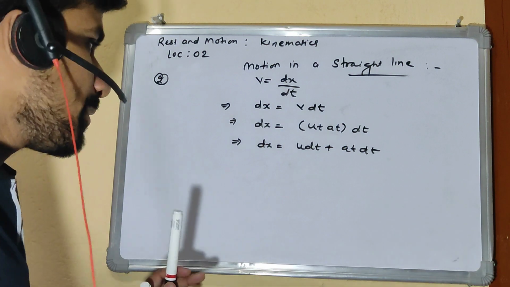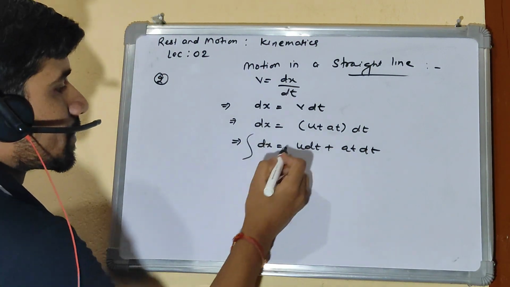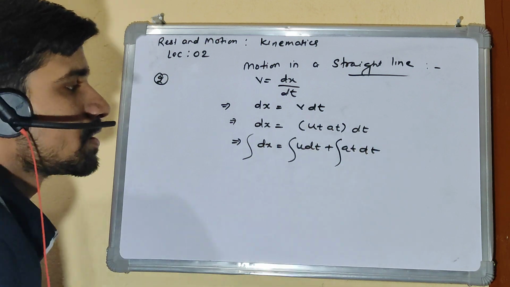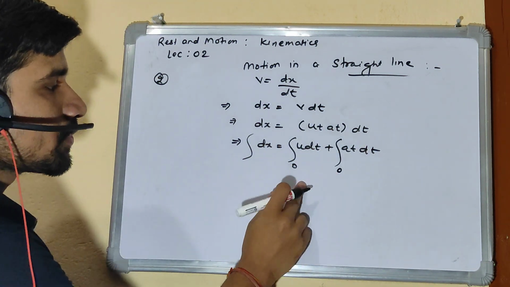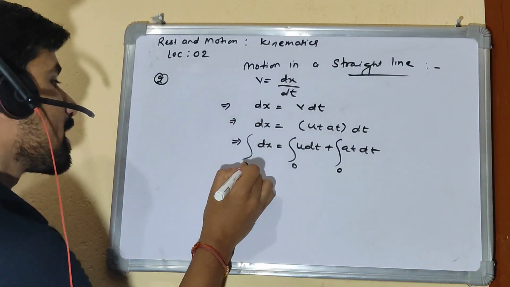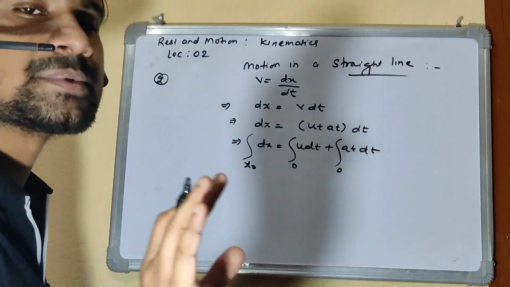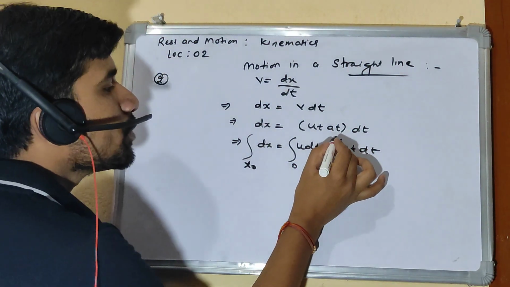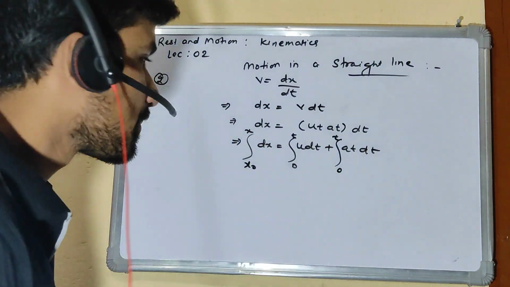Now I am going to integrate these particular quantities, right? Let's integrate. These two are with respect to dt, so time equal to 0. Let's say my displacement was x naught. x naught was my initial point where I'm starting from. At time equal to t, let's say this displacement was x, right?